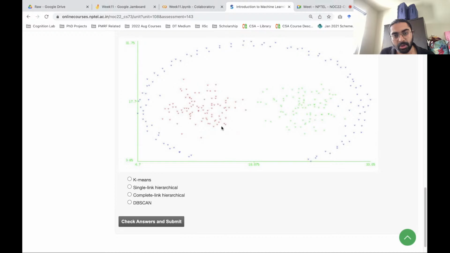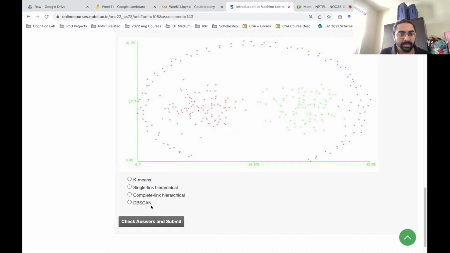My idea was DBSCAN because of this reason: your single link and complete link hierarchical can also work. You might want to put a threshold. If you put, okay, stop when I get three clusters, you might still get these three clusters that way. But with DBSCAN, the number of clusters depends upon the parameters that you choose, right? Your EPS and your minimum points and all of that.